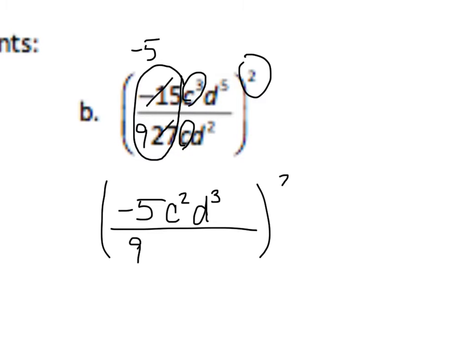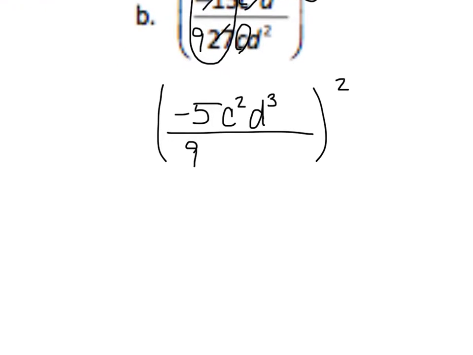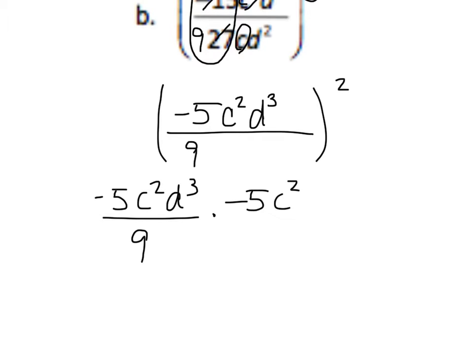Okay, and now I'm going to apply that squared. So I'm going to write it twice. Negative 5 c to the second d to the third over 9 times negative 5 c to the second d to the third over 9. So remember how we multiply fractions? Straight across.